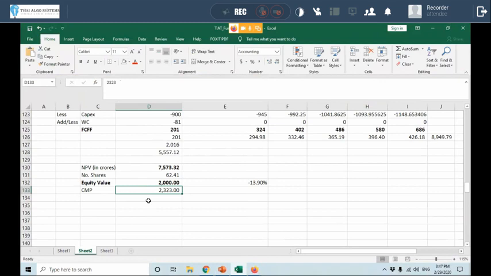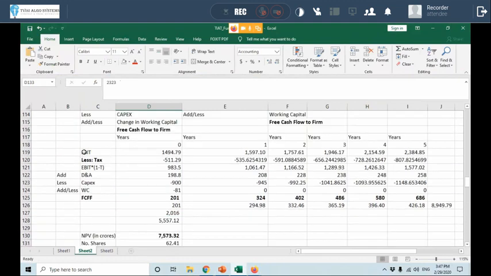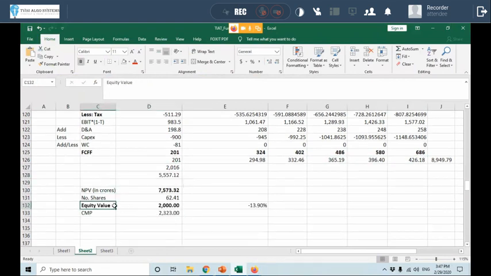This is what is called the intrinsic value of the stock. What we did is discounted cash flow. These are the free cash flows of the company. We discounted these cash flows to present value and then arrived at the price of the stock.